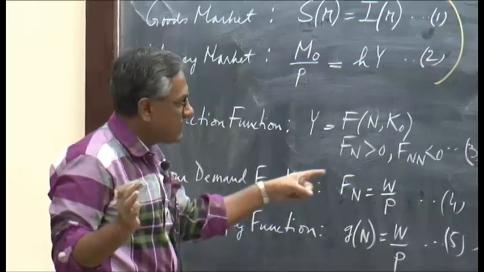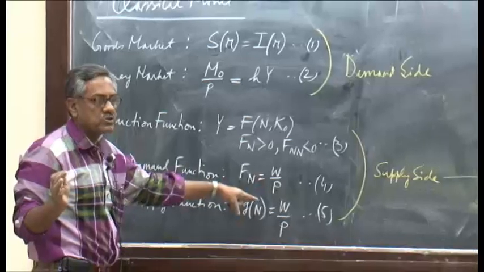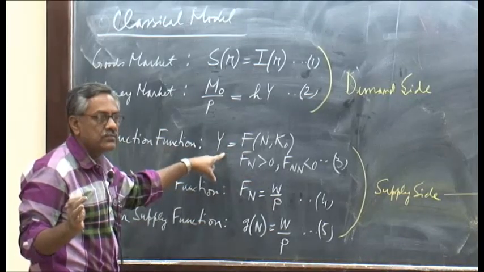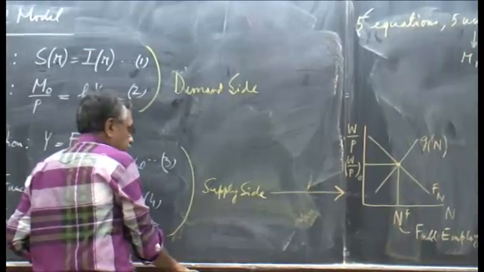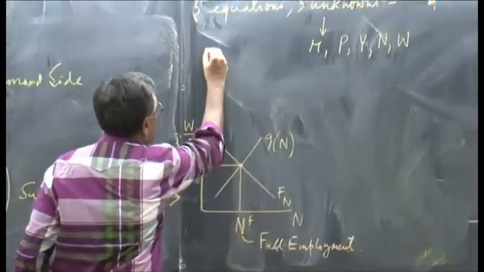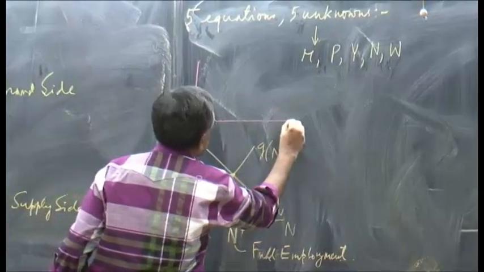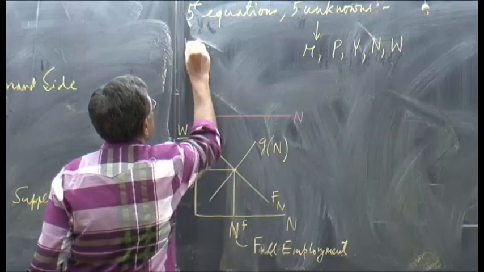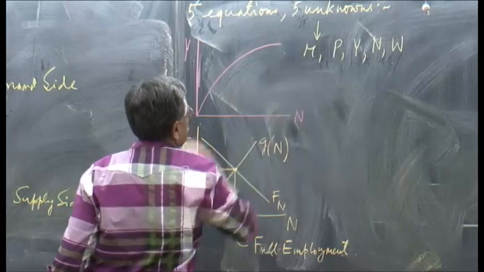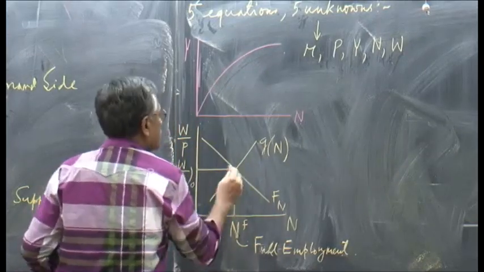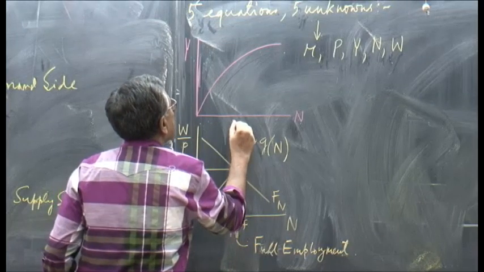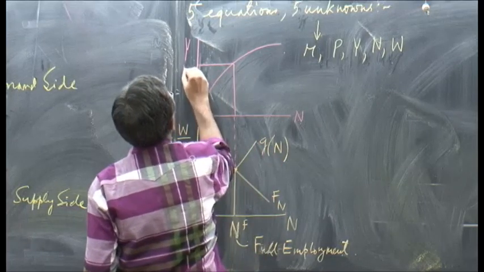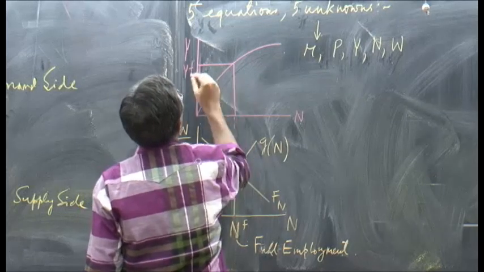And then what I said, if you have the N and the W over P value from these two equations, I can go to the production function 3 and solve for Y. So essentially, if you draw above this a small diagram, which is the production function diagram, with N on one axis and Y on the other, and you have the production function, then with this value of N I can go to the production function and obtain the value of Y, which I can call YF, the full employment level of output.